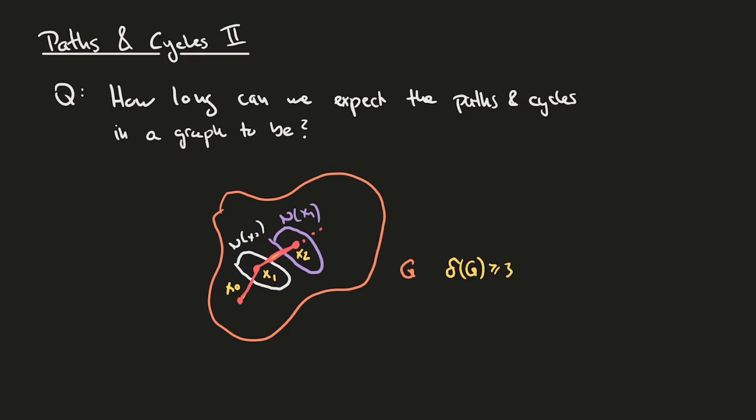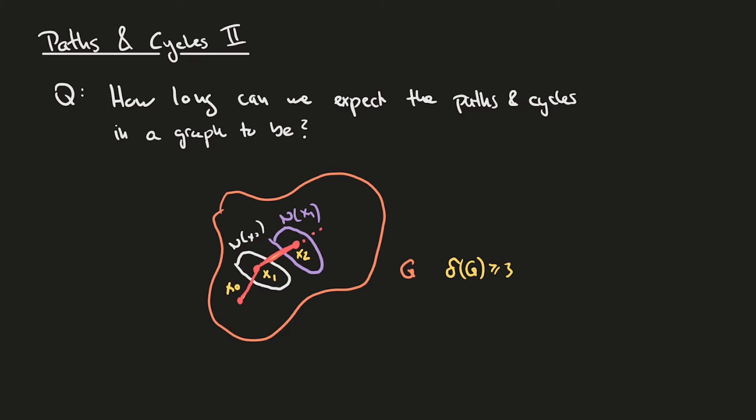Next, if we look at the neighborhood of x1, then we know that there are at least 3 vertices present in that neighborhood, and only one of those can be x0, so there has to be at least 2 distinct vertices in the neighborhood that aren't x0, and we can then extend the path to one of those, which we would call x2.